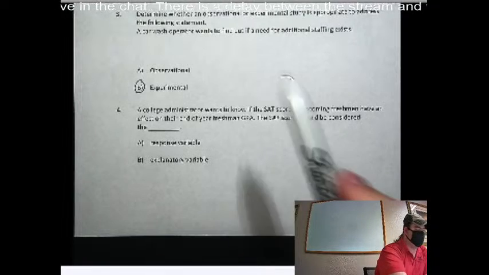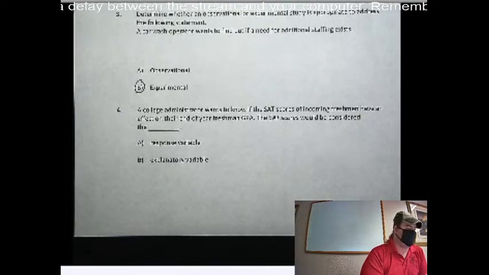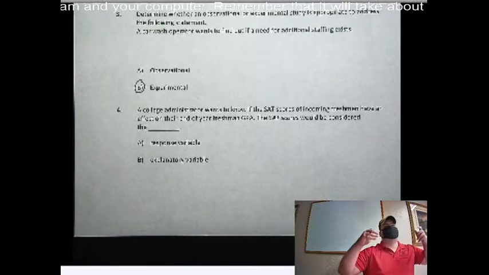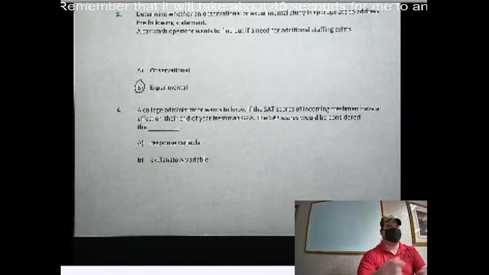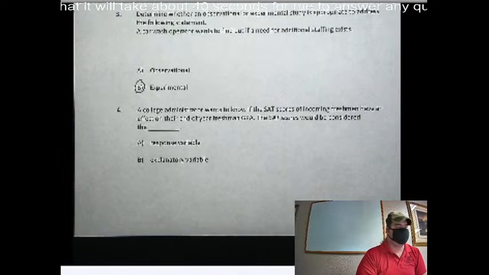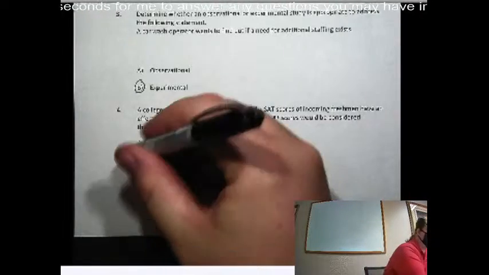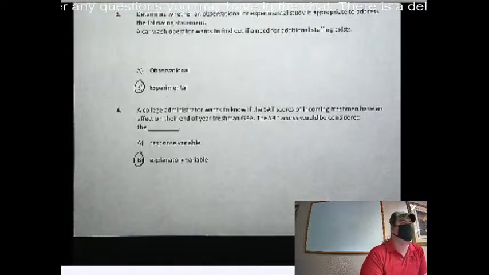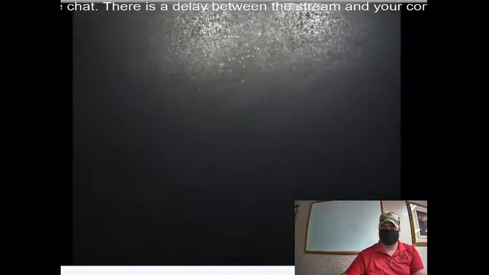So the response variable here would be their end-of-year freshman GPA. So the SAT scores would be the explanatory variable. Again, what he's asking is, do the SAT scores have an effect on their freshman GPA? The affecting thing is the explanatory variable. Any questions? All right, let's move on.